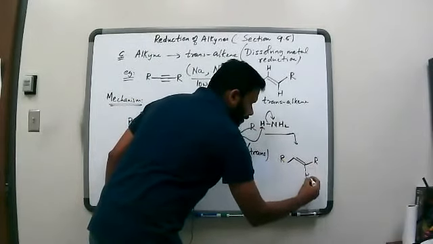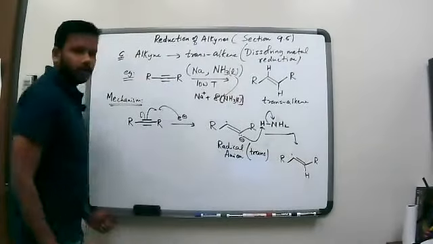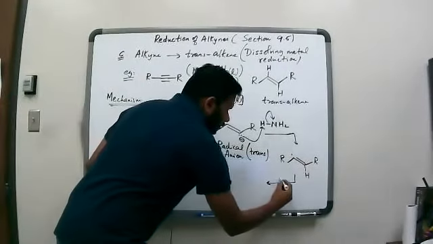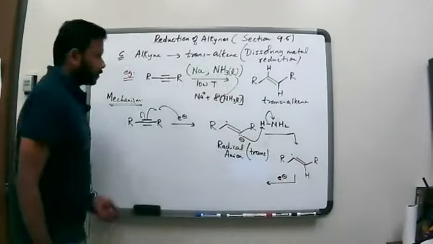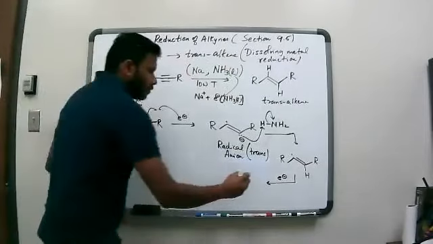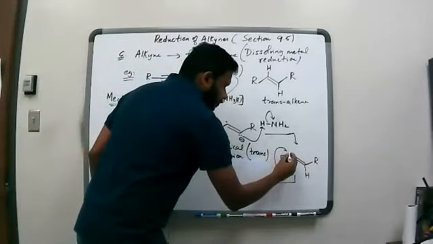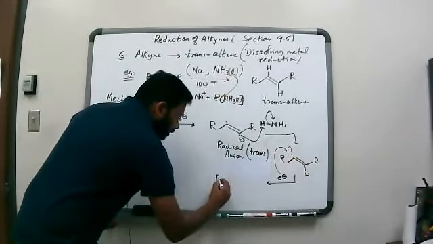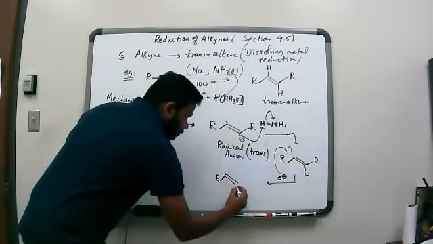Okay, so this gets a hydrogen and we've got a radical over there. Then another electron from the sodium and liquid ammonia comes in, they combine to give us another anion.